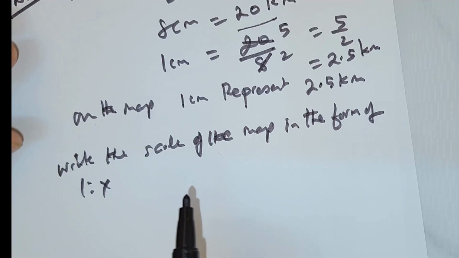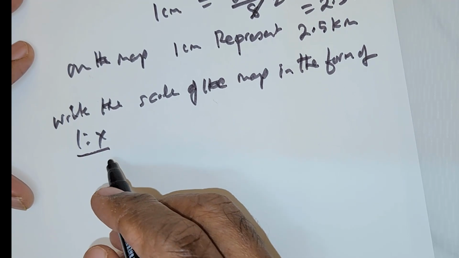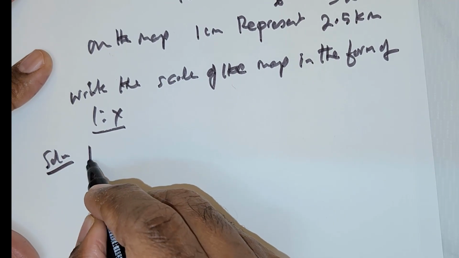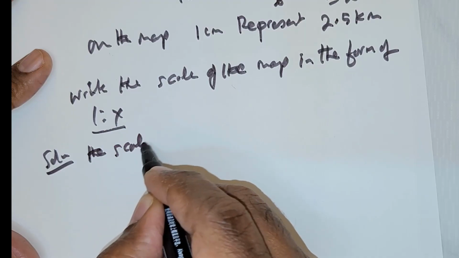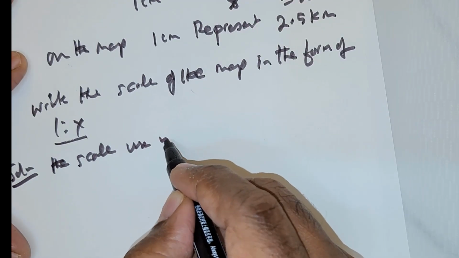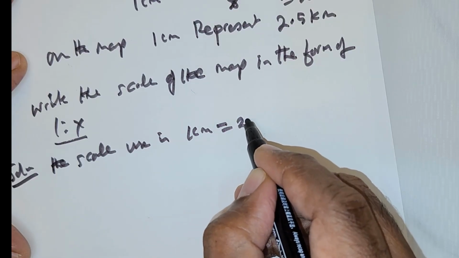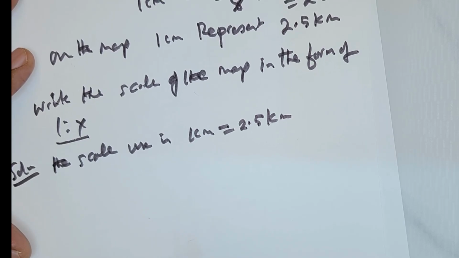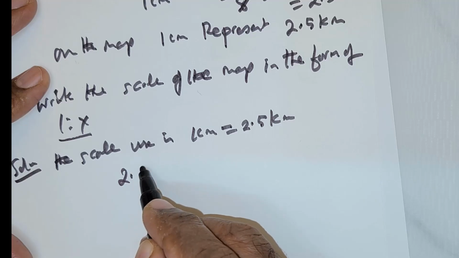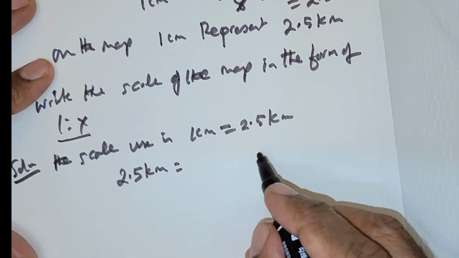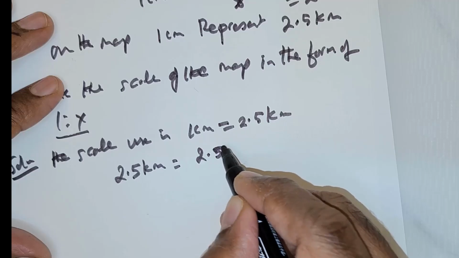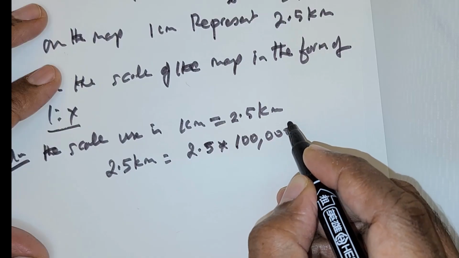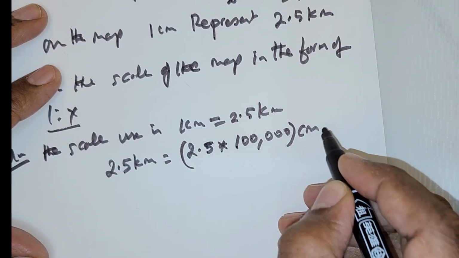So how do we do that? Now solution: the scale used is 1 cm is equal to 2.5 km. So that means 2.5 km, if I were to represent it in cm, then I have to multiply that value with 100,000, right?